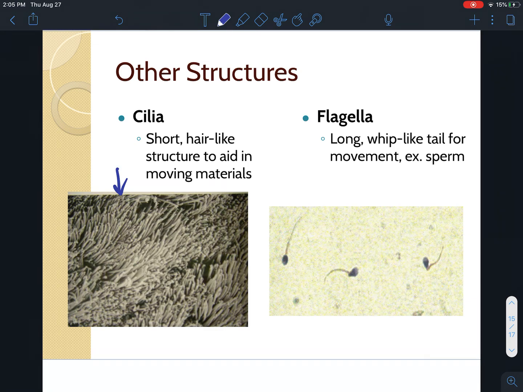So an example would be in your trachea. When you breathe in, oxygen can go by, but you have cilia on all of those cells that are constantly beating upwards. And so if you breathe in some dirt, some dust, some smoke, some pollen, those cilia help to remove that from your body because they're constantly beating upwards without you having to cough.